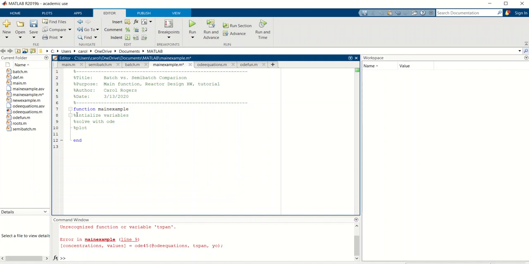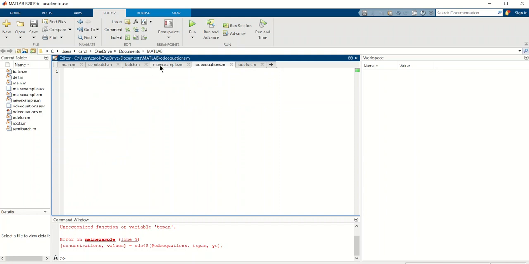The only thing that I might add is that this is specifically for the Semibatch function. And then maybe later down here, I'm going to do it again with batch. So that's all I'm really doing with the main example function.